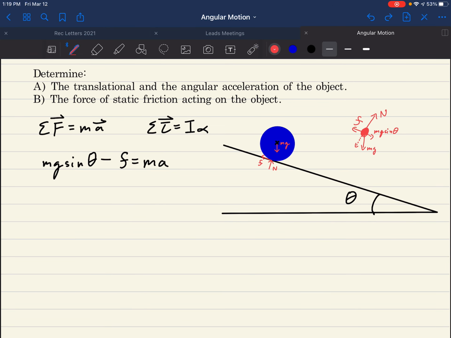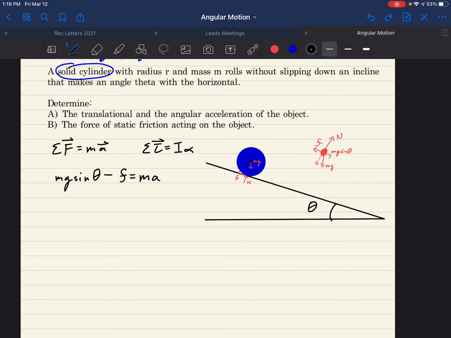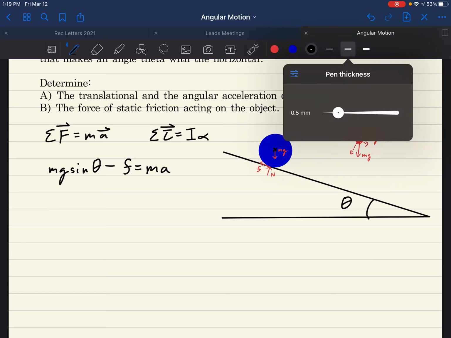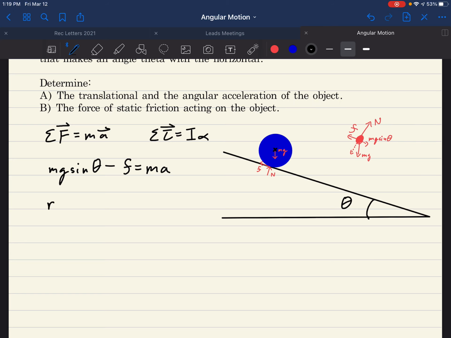So in my net torque equals I alpha equation, I'll have the net torque from friction, which is R, the length of the moment arm, times F. That's the torque due to friction, and that should be equal to I alpha. So I've got two equations, one using net force and one using net torque.